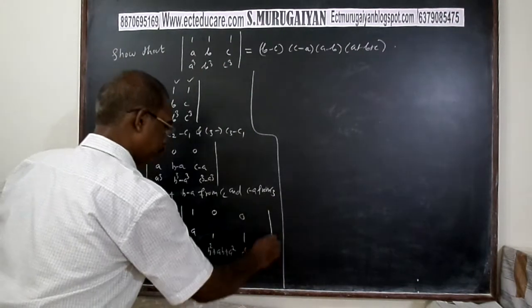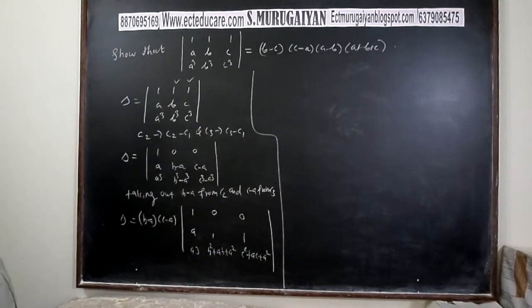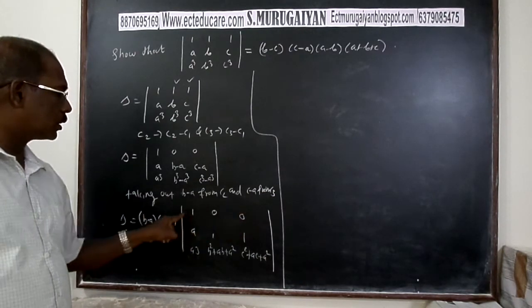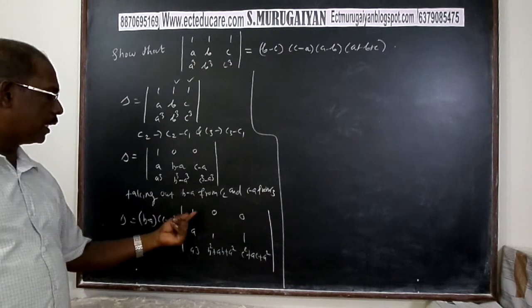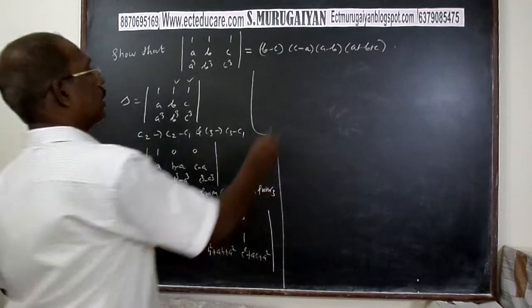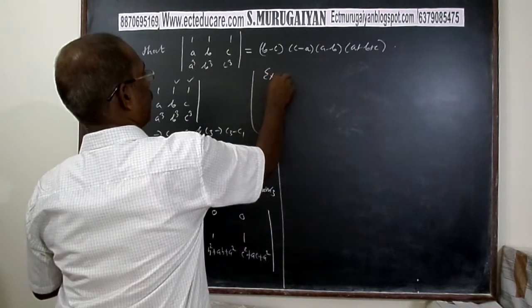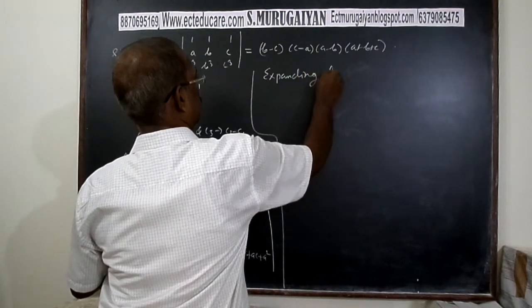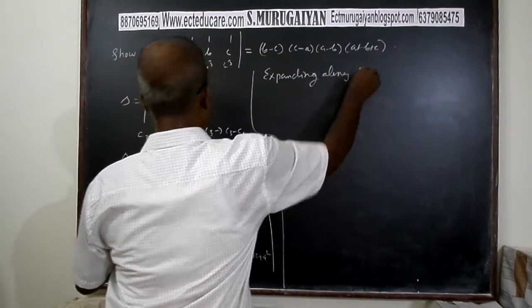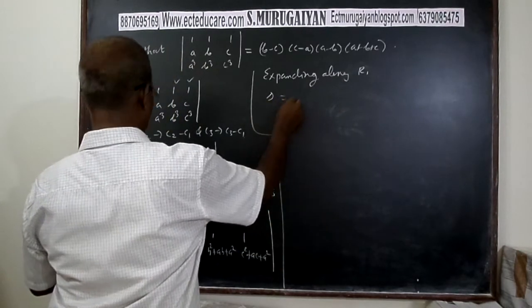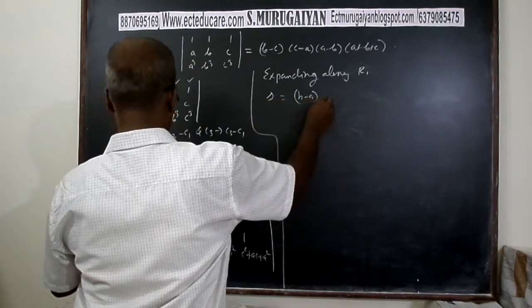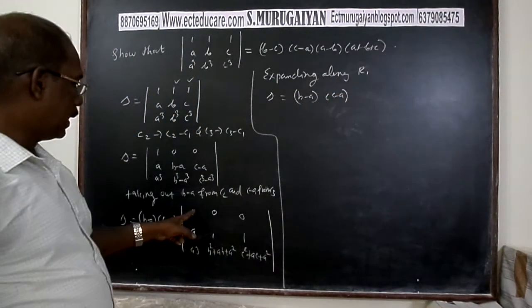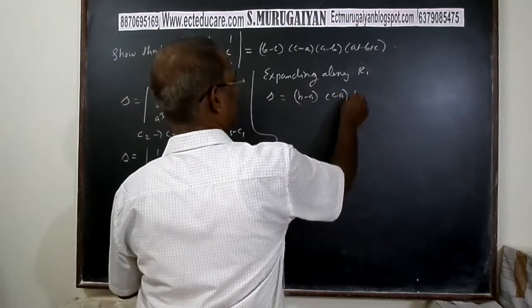Now we can expand. There are 2 zeros in R1, so expand along R1. Delta equals B minus A into C minus A into A11.